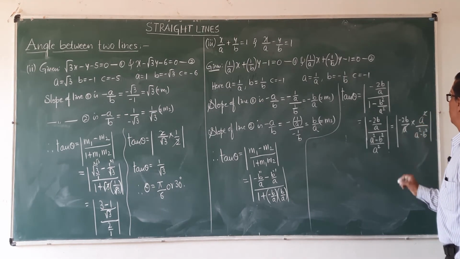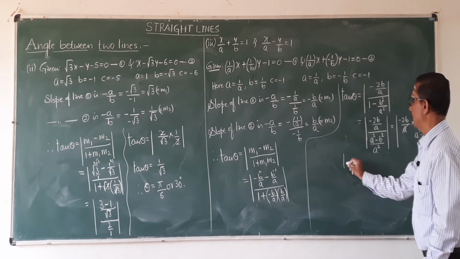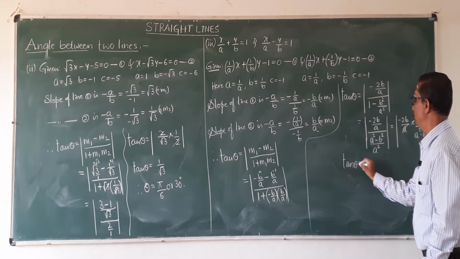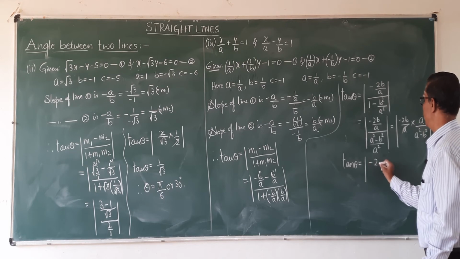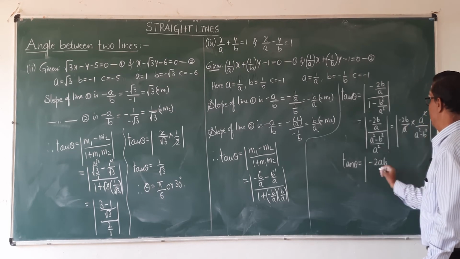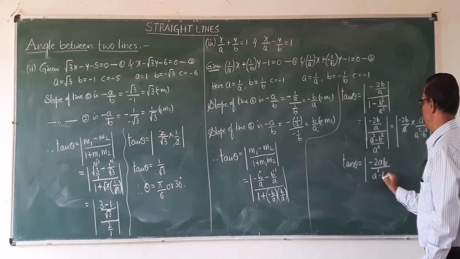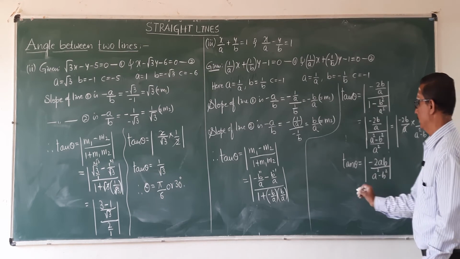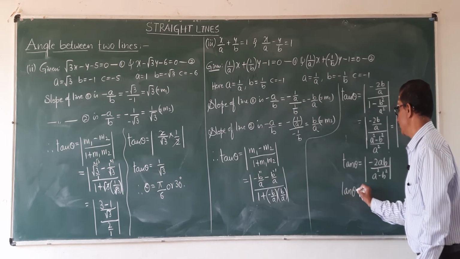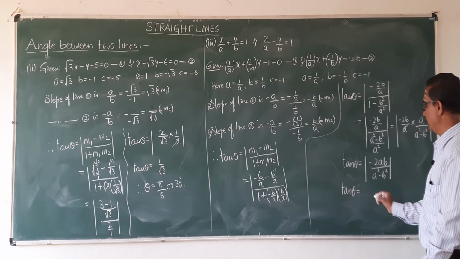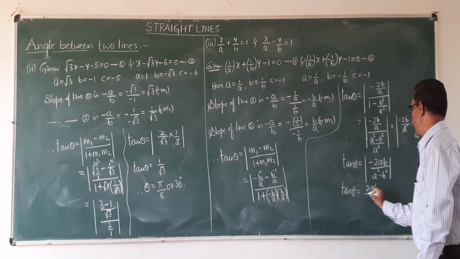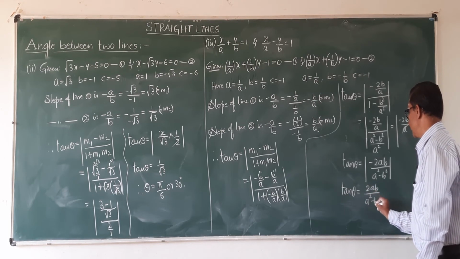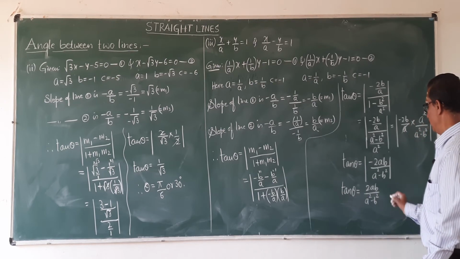So 1 A cancels, that is tan theta is equal to modulus of minus 2AB divided by A square minus B square. That is tan theta is equal to, remove the modulus sign, plus 2AB divided by A square minus B square, correct?